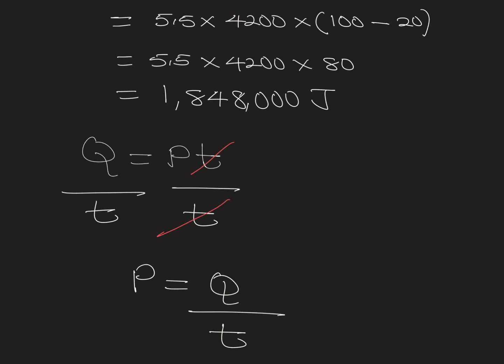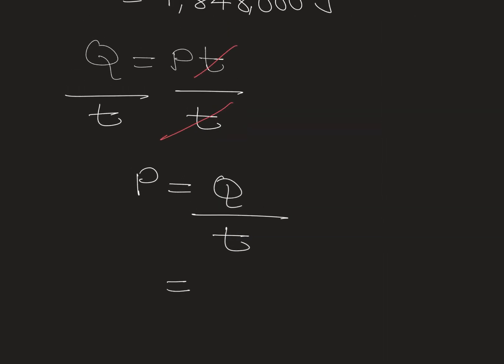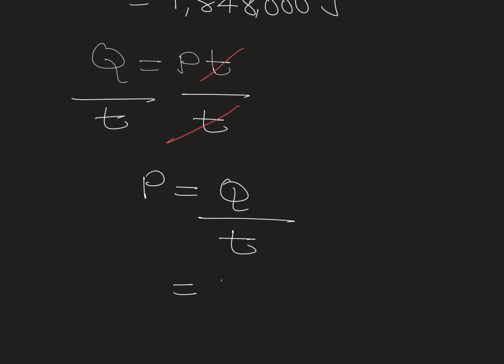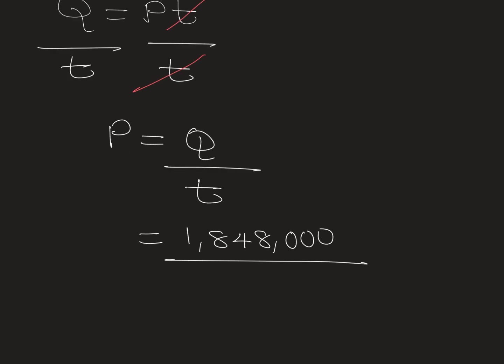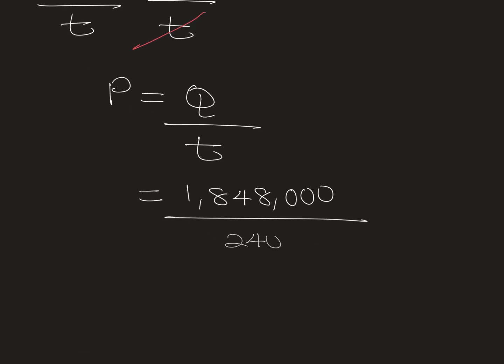So going by that, power is equal to Q. What is the quantity of heat? It is 1,848,000 divided by the time, 240 seconds. Q is measured in joules, time is measured in seconds.